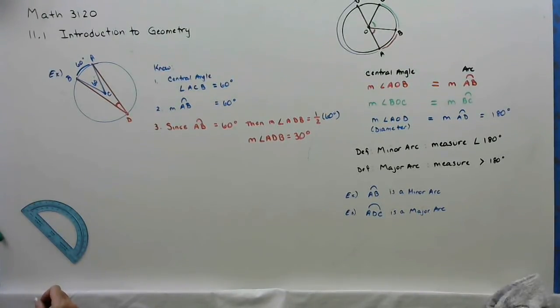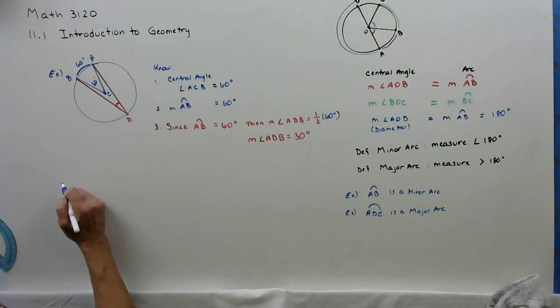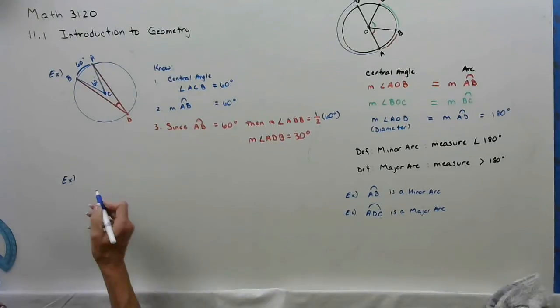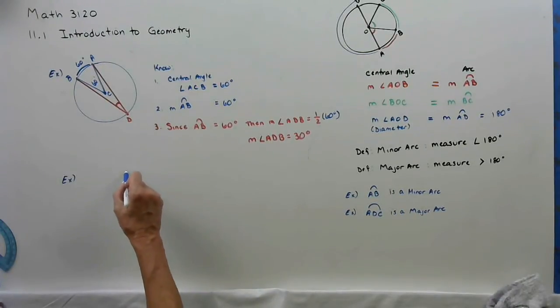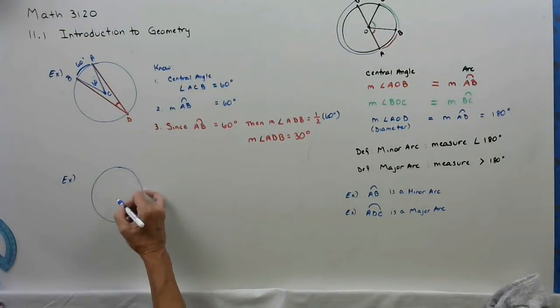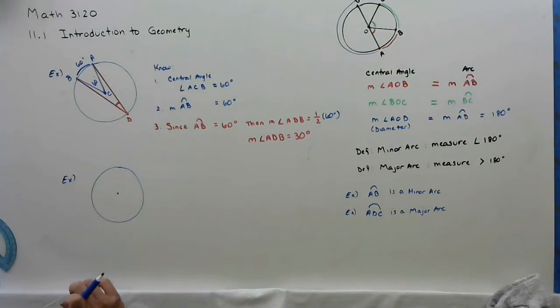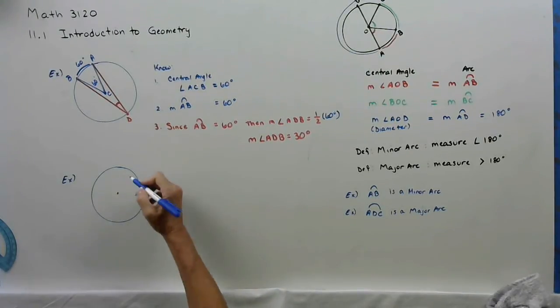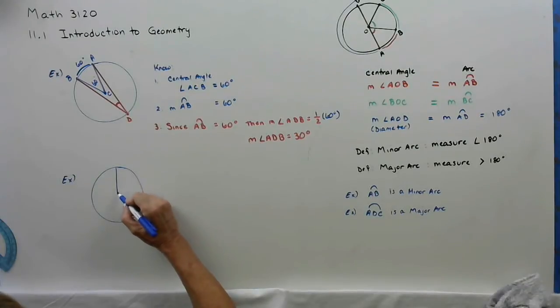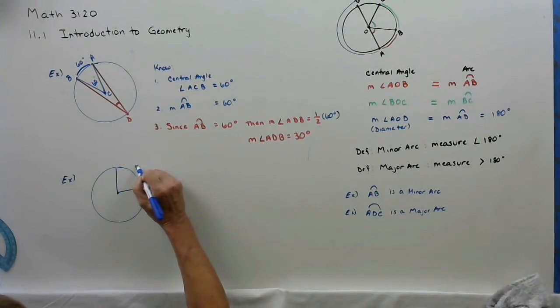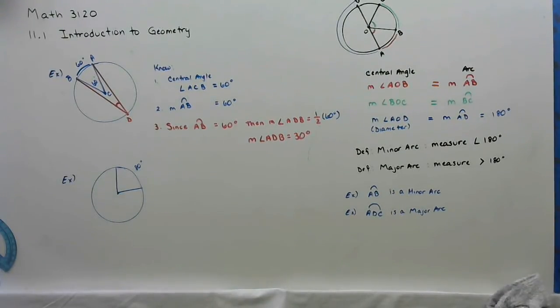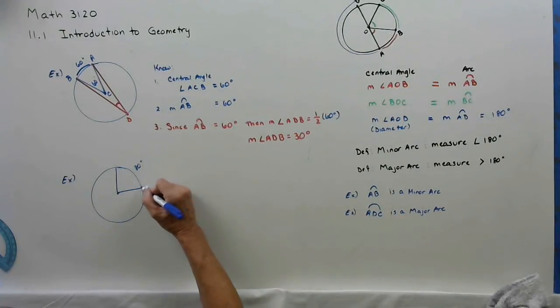So I'm going to do it again. I would use the same drawing if we were together, but I don't want to confuse people. If I give you a circle and I tell you that this arc right here is 80 degrees, I'm going to do this with pictures.